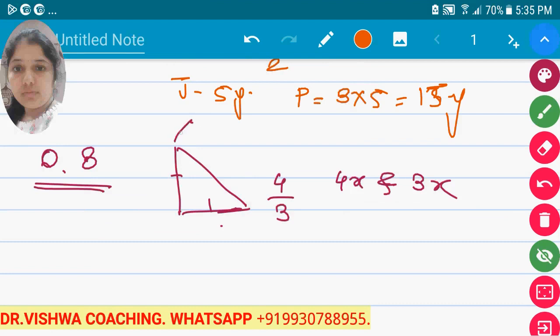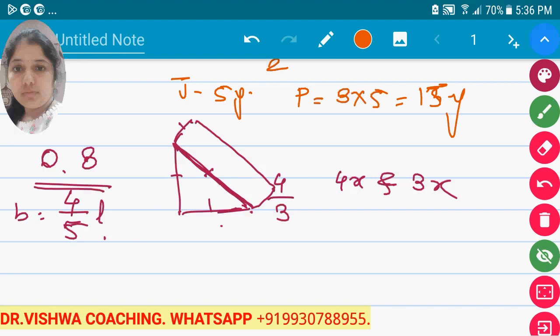Now here one rectangle is formed. The greater side of this triangle is the length of the rectangle and the smaller side is the breadth, and the ratio between them is given as 4/5. So 4/5 of the length is equal to the breadth.